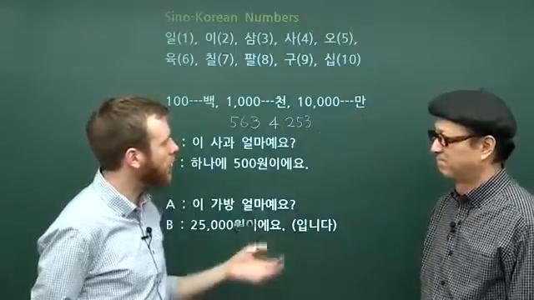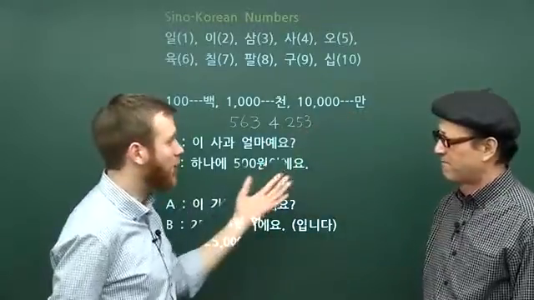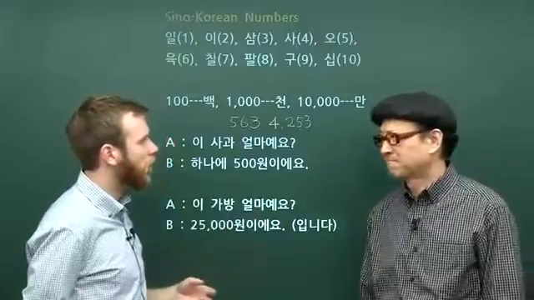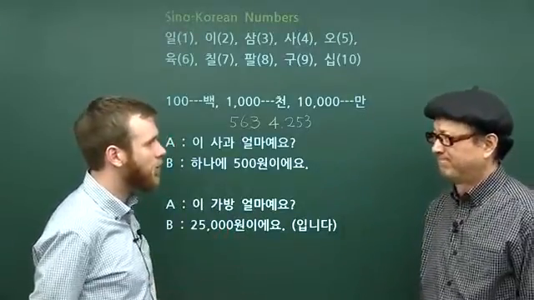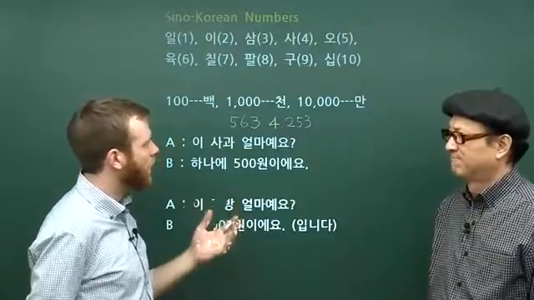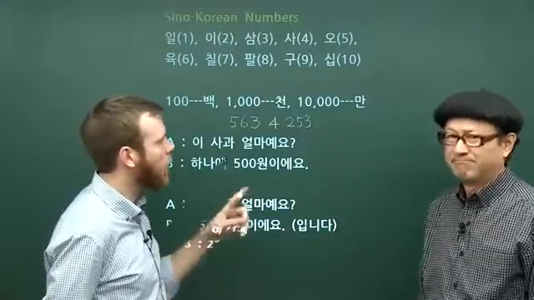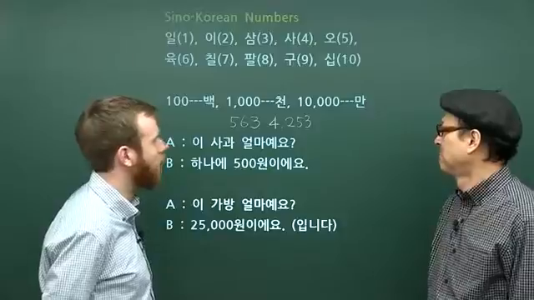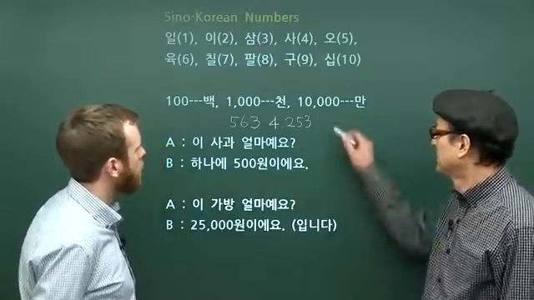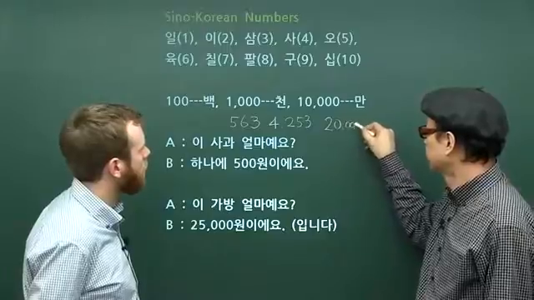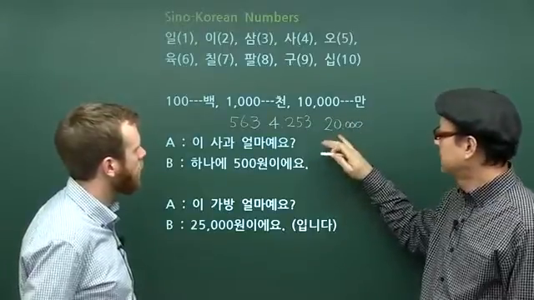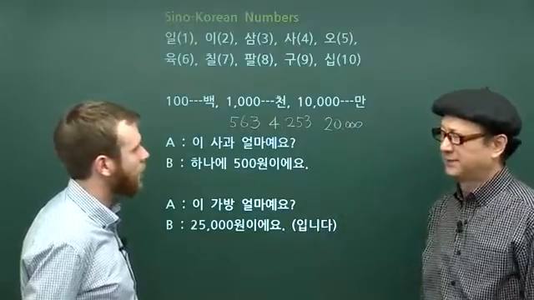Man is very important in Korean, especially when you're talking about bigger purchases like houses, cars, or computers. They're calculated in how many man, how many 10,000s. So this is 2만. 이만.